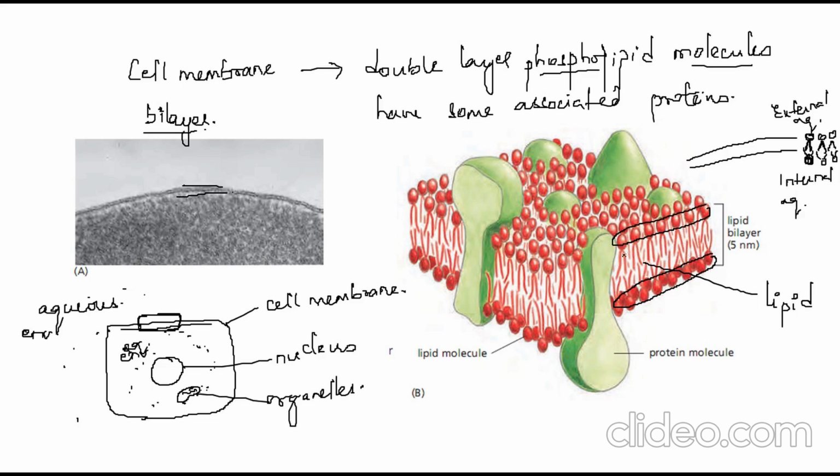Since the central core is formed by fatty acid, which kind of molecule can pass through the membrane? The molecules which are lipid soluble, or the molecules which are very small, are the only ones able to pass through this lipid bilayer, from external to internal or from internal to external.